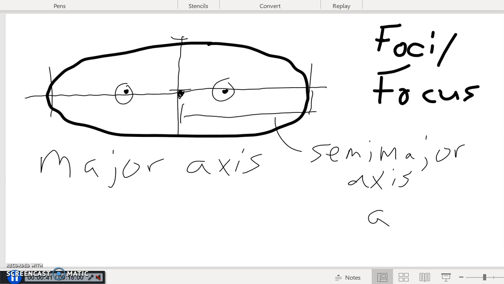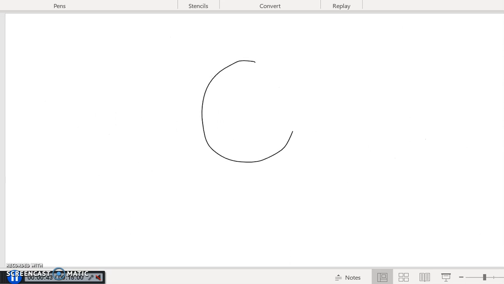So a circle is nothing more than when the two foci lie right at the same point. Now of course that's not a great circle, but you get the idea.